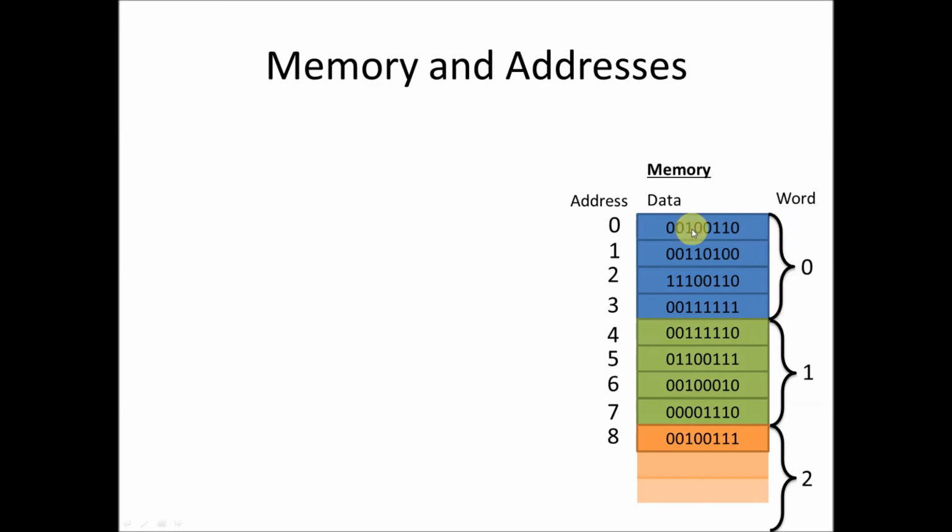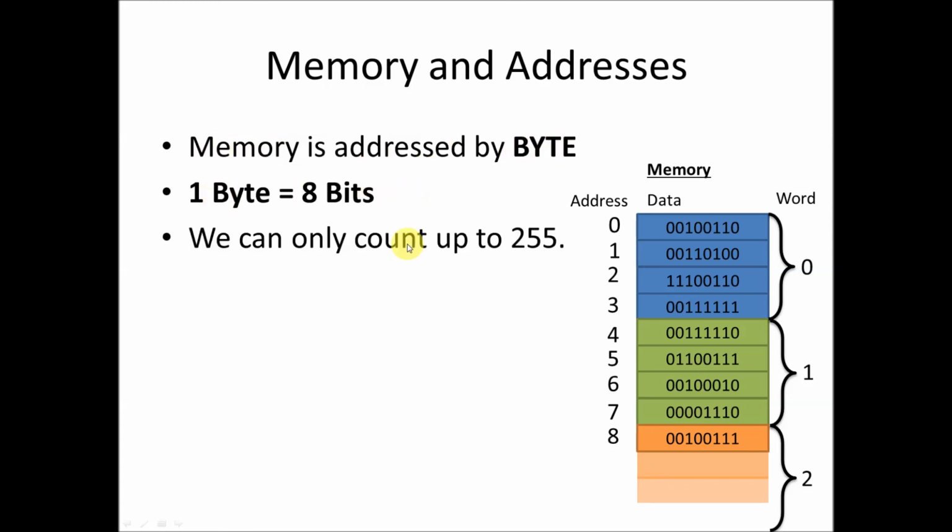Word number 0 starts at address 0 through address 3. Word number 1 starts at address 4 through address 7. Word number 2 starts at address 8 through address 11, and so on. So memory is still addressed as a byte.